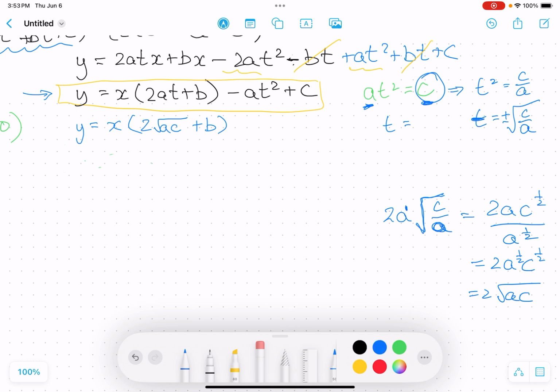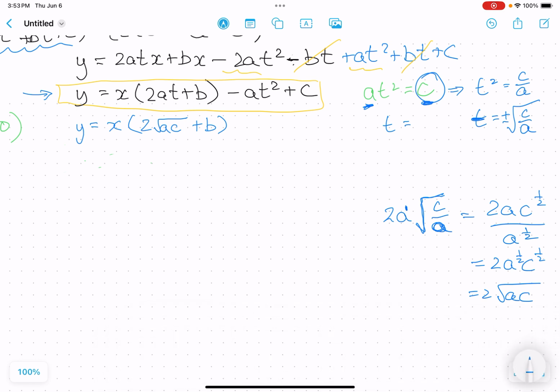What's the other tangent equation? Well, that's when we sub in the negative square root instead, the negative version. So we're going to get negative 2 root ac. So it's going to be y equals x times negative 2 root ac, plus b.